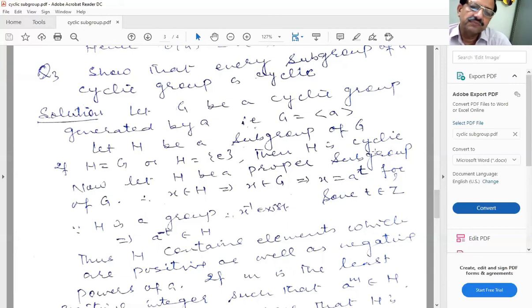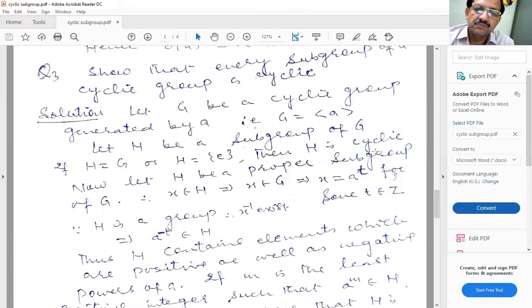Since H is a group, therefore X inverse exists. मैंने आपसे पहले ही बात की है. This means A raised to power minus T belongs to H. पहले हमने क्या कहा? X in H implies X in G implies X can be written as some power of A, that is A power T, where T is some integer.